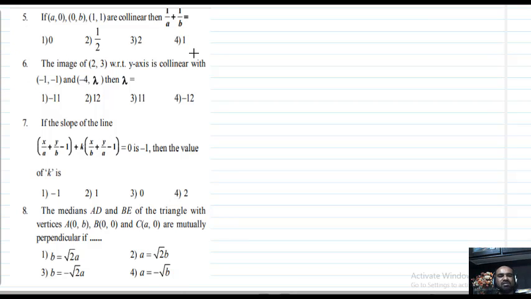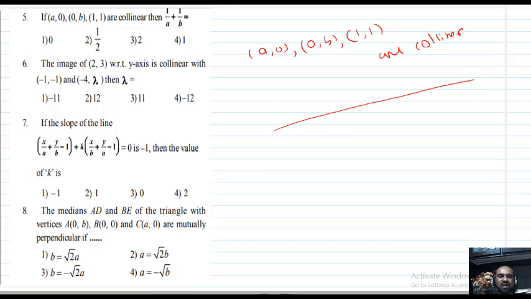Interesting problem, the fifth one: a comma 0, 0 comma b and 1 comma 1 are collinear. When three or more points lie on the same straight line, they are said to be collinear. Already I explained this concept, checking for collinearity.